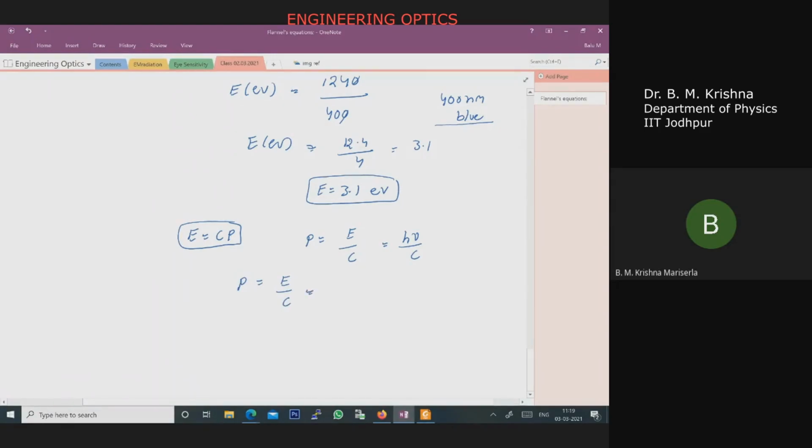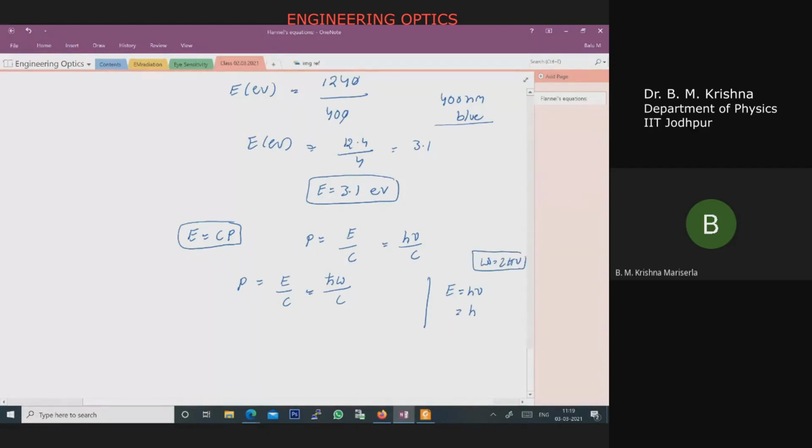E you can also write as h cross omega by C. If you remember, E equals h nu, and the angular frequency omega can be written as 2 pi nu.